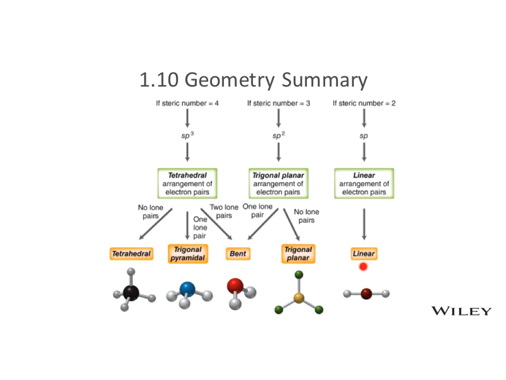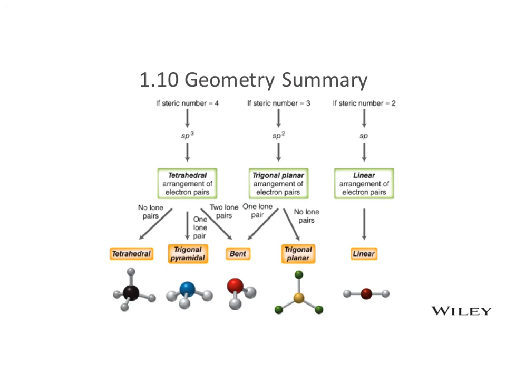So we're going to get a linear geometry either way. So whether these gray spheres here represent other atoms, or imagine somehow you have a lone pair where I'm pointing now, you still have 180 degrees. The electrons can't get any further from each other than what they're showing there in the linear structure.